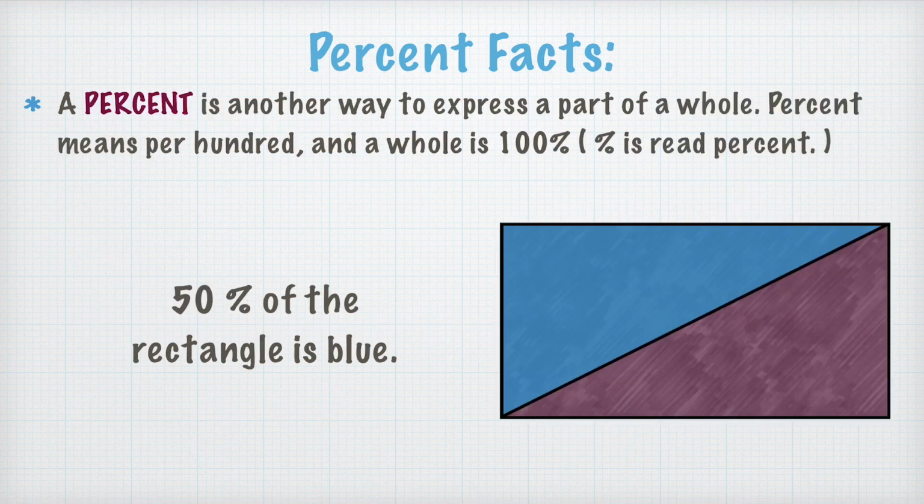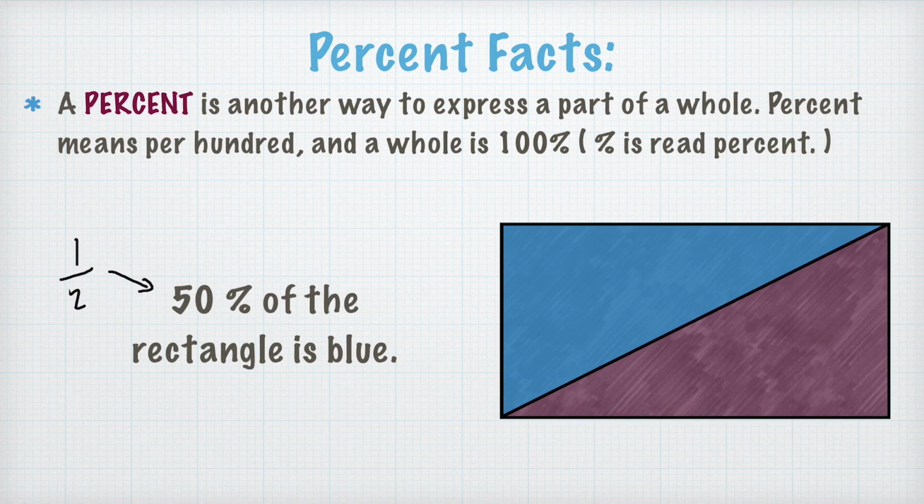Now a percent is another way to express a part of a whole. Percent means per 100, like I said, per cent. And a whole is 100%. That percent sign again is read "percent." Just like we had 1/2 of the rectangle was blue, now we have 50% of the rectangle is blue.